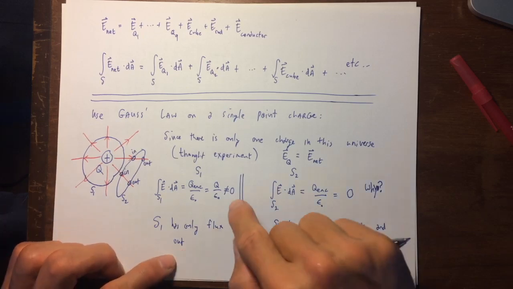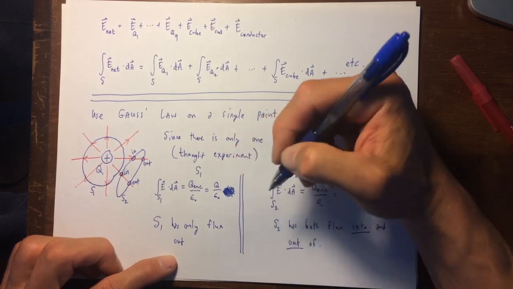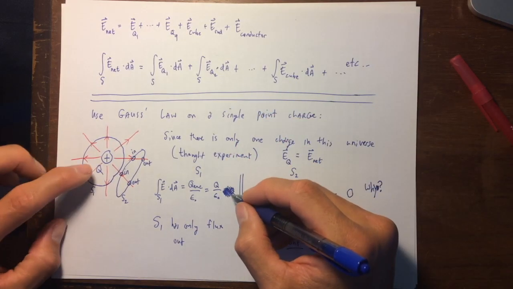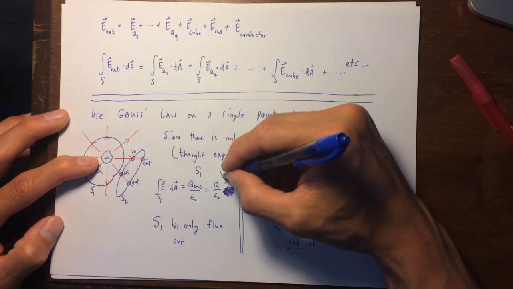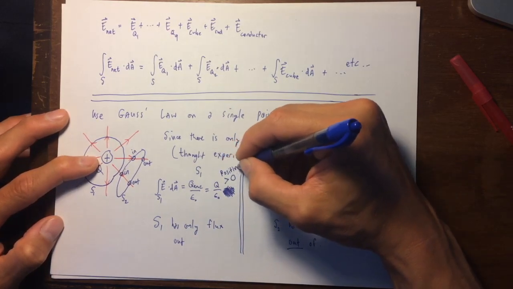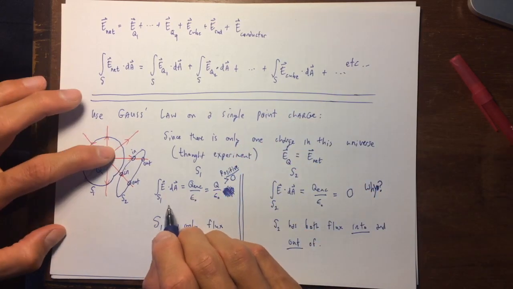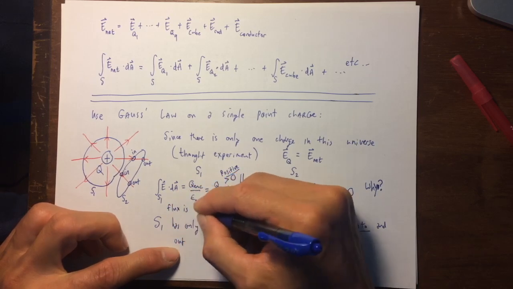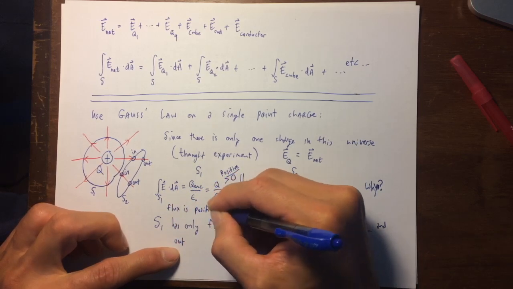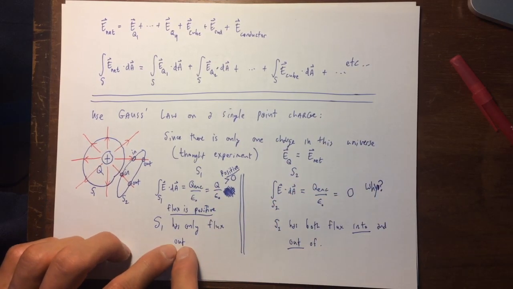So not only is this not 0, but we can say a little bit more. It's not 0, but also it's actually positive, right? You might say that in this scenario, the flux is positive.